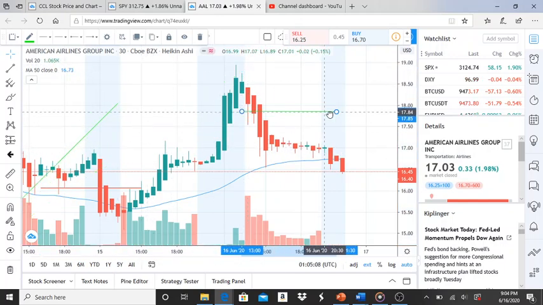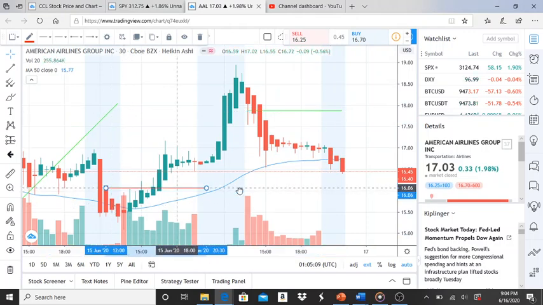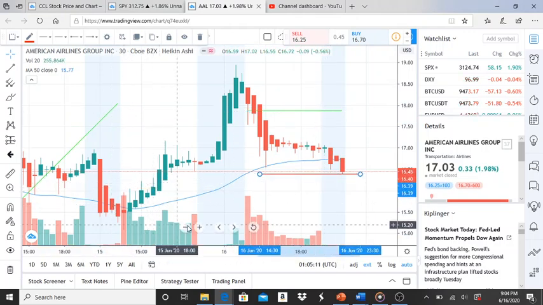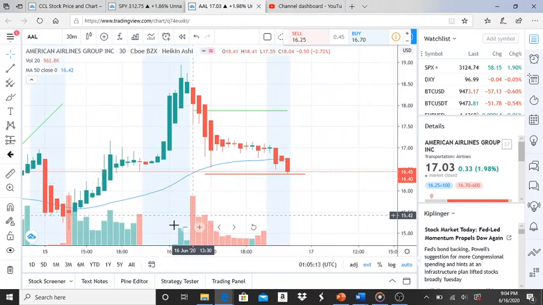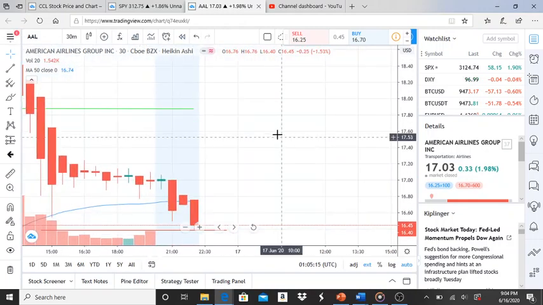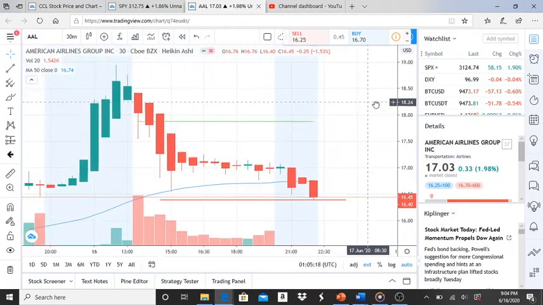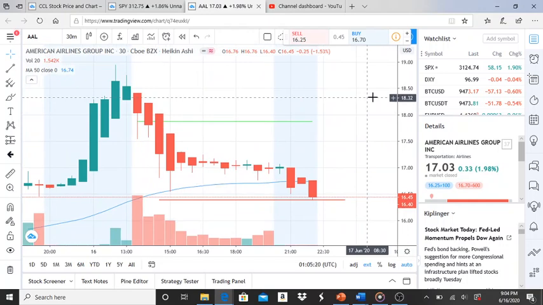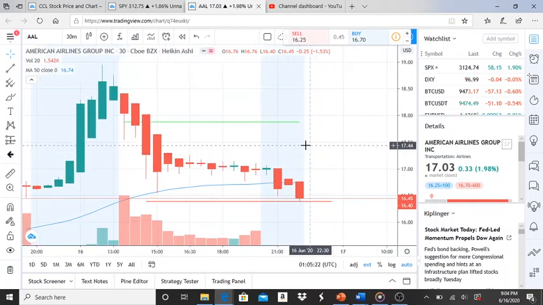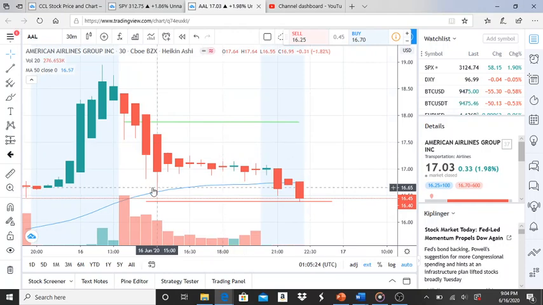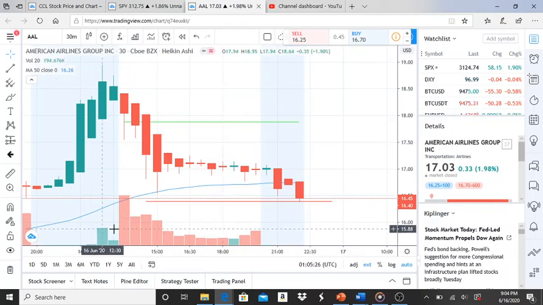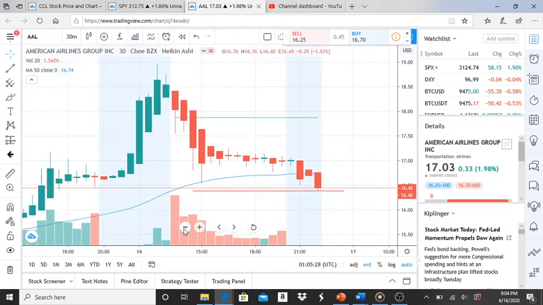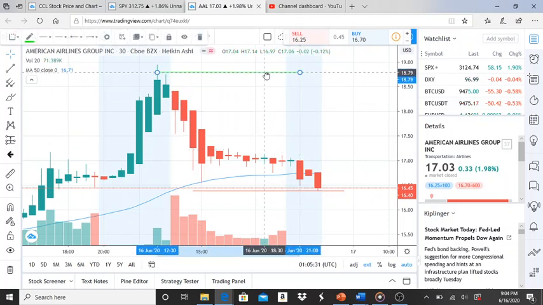But let's not confuse ourselves with this. Let's go ahead and move these over here so we can use them for a much more focused part of the chart, right? So this one, there are some clear things to pay close attention to, because this is where it got rejected, and it got rejected pretty high.